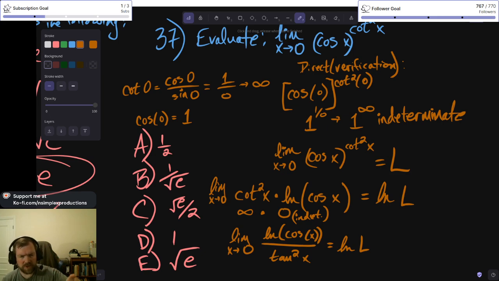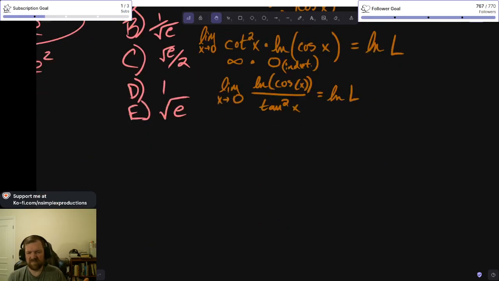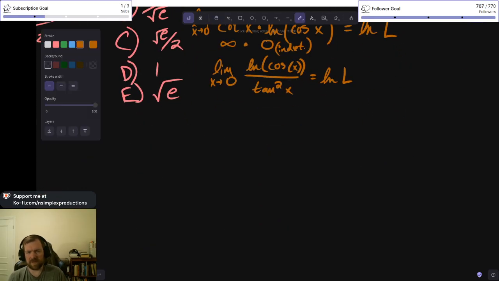All right, the tangent in the denominator is now going to be a 0, so now it's 0 over 0. Now it's a familiar indeterminate form. Not that it's any better necessarily, but we just know that from here we could also use L'Hopital's rule directly.